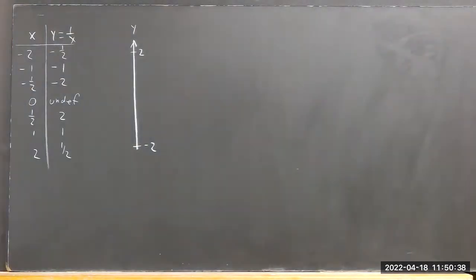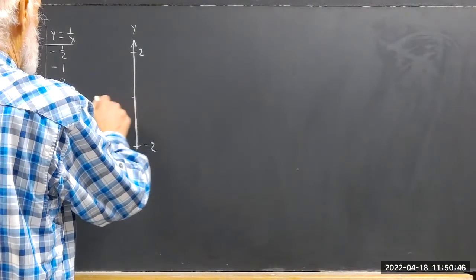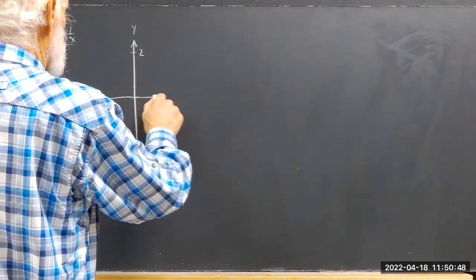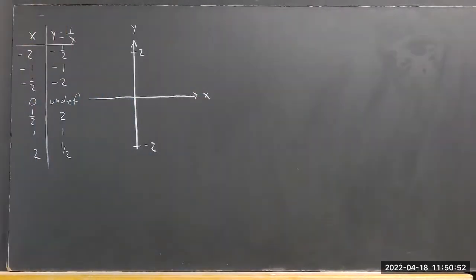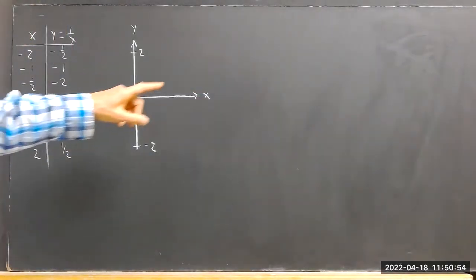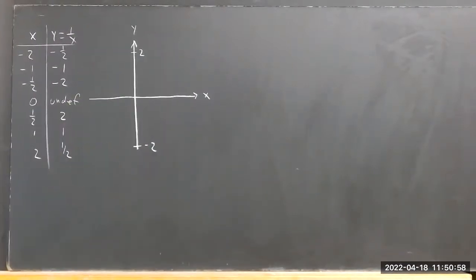I'm assuming you've seen graphs, but if you haven't, I'm going to explain as we go. Okay, and then 0 would go here, and of course, this is where our x-axis is. So I'm going to label this as the x-axis. So my x values are measured along this line, and my y values are measured along this line. And notice that my x values go from -2 to 2 as well.